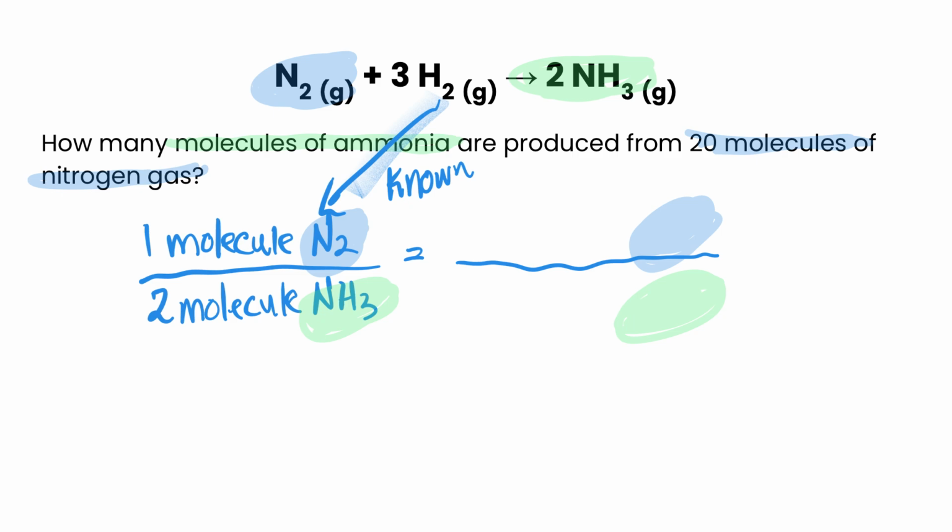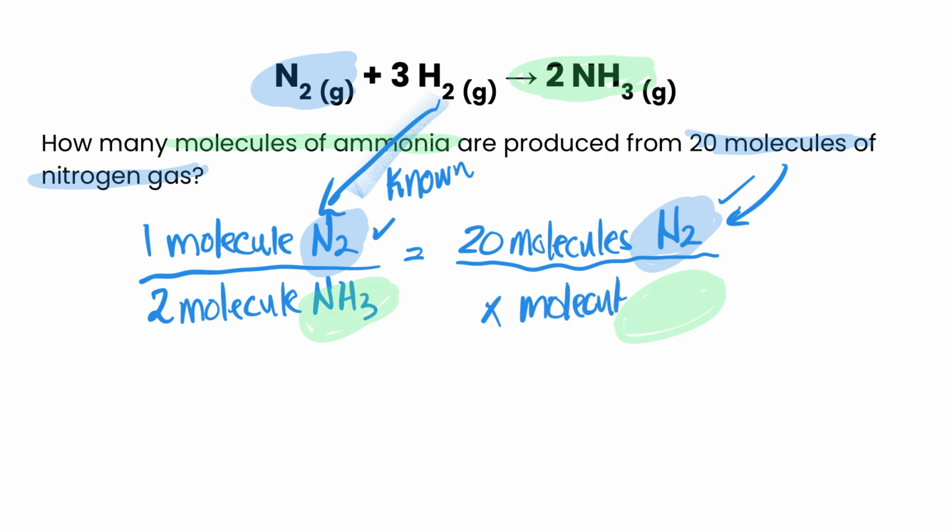And then taking from the problem, we have 20 molecules of N2. And the blues are matching, so we're good. And then we don't know how many molecules we are making of NH3, so I'm going to use X there.